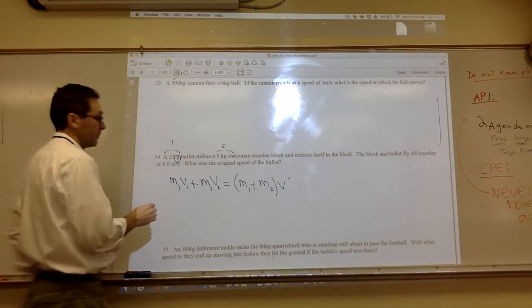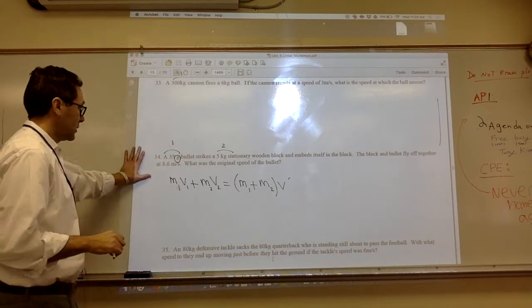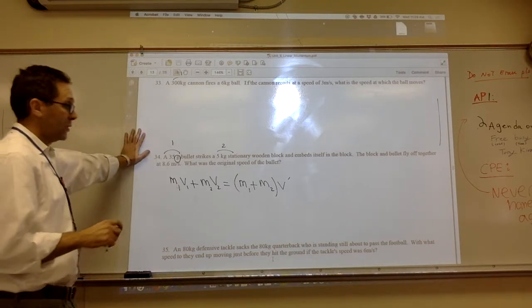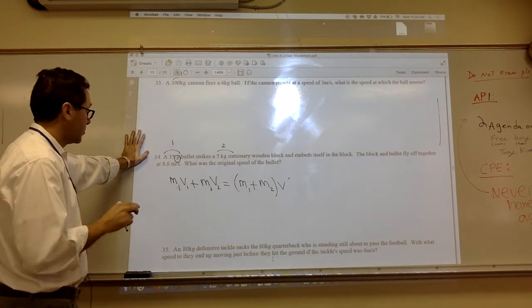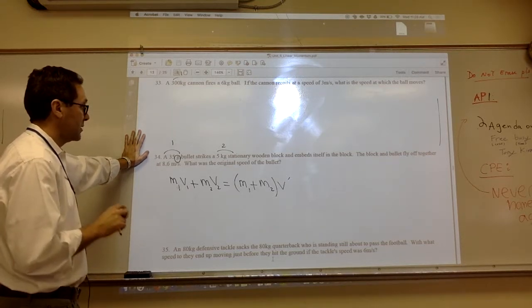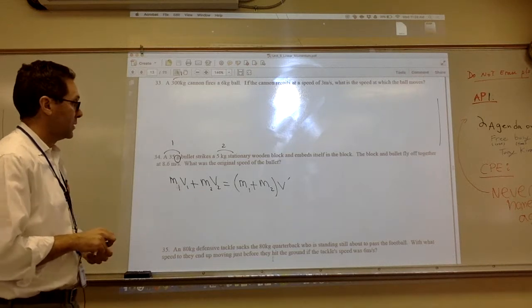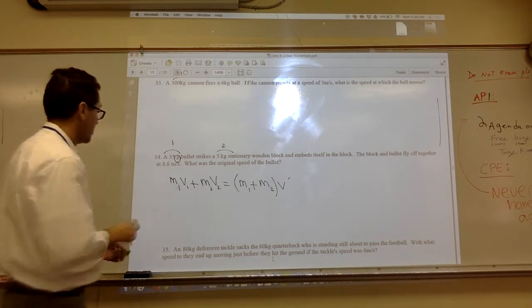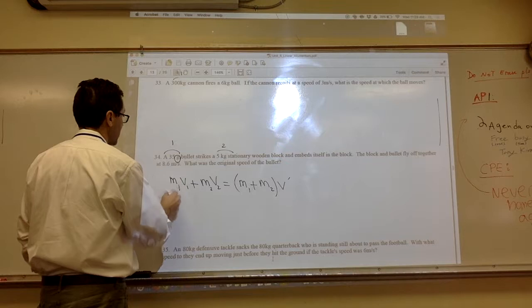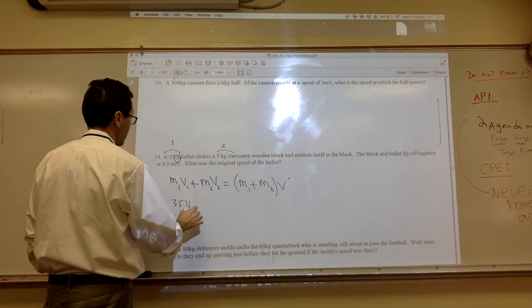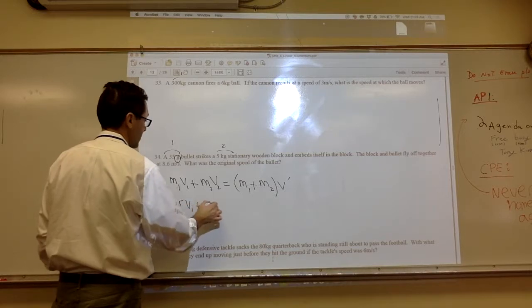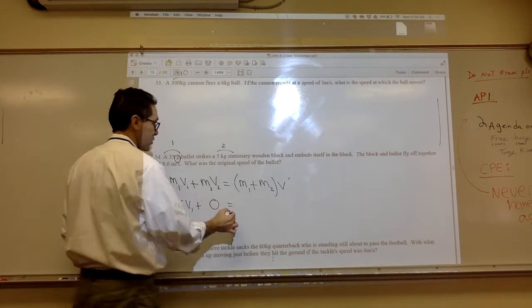I don't think I mentioned this in another video: I can leave all the masses in the same units, kilograms, grams, pounds, it doesn't matter, as long as they are in the same units, because it's all proportional. It's all ratios here. So the mass of the bullet is 35, and we're looking for its velocity. The block was not moving initially.